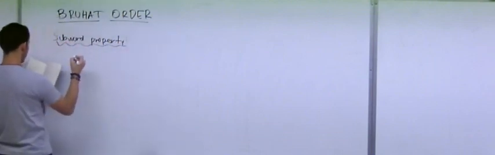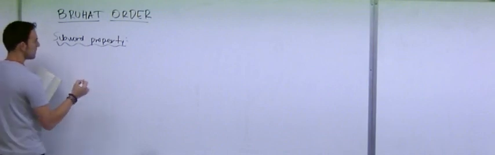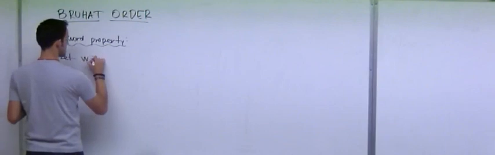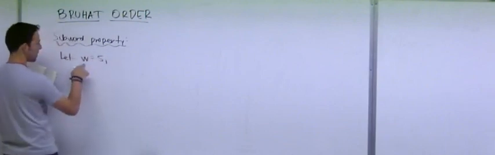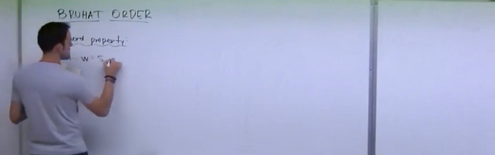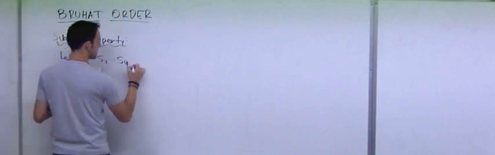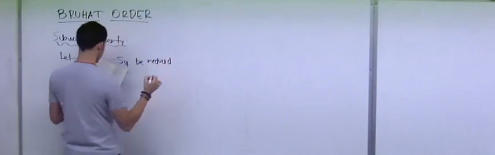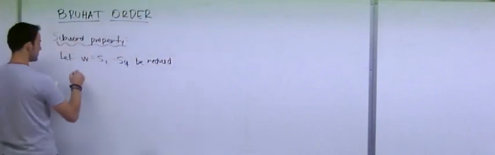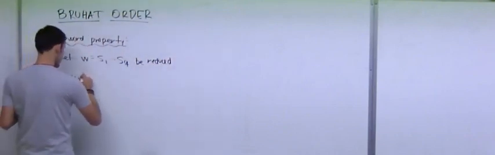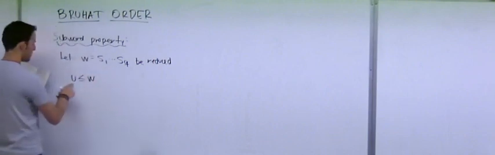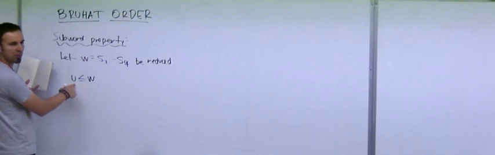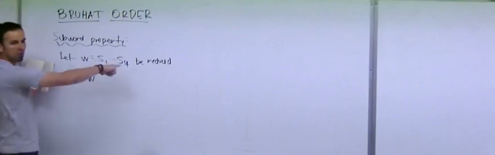And that says that if you have an element of the Coxeter group, and let's say that you have some reduced expression like this, then an element of the Coxeter group is less than or equal to W if and only if it can be written as a subword of this word.